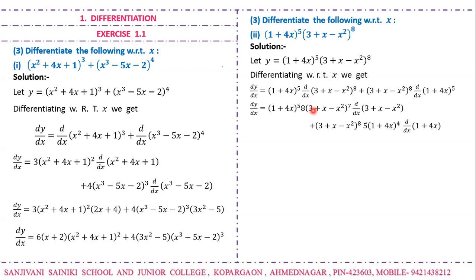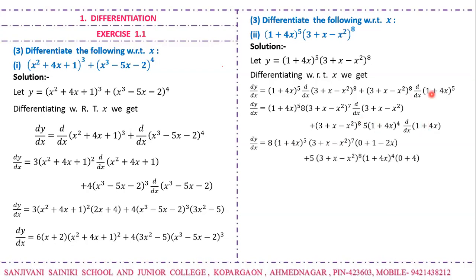So 8 times (3 plus x minus x square) bracket raised to 7 into d by dx of (3 plus x minus x square). And here the derivative of (1 plus 4x) raised to 5 is f of x raised to 5, its derivative is 5 times (1 plus 4x) raised to 5 minus 1, that is 4, into f dash of x, that is d by dx of 1 plus 4x.